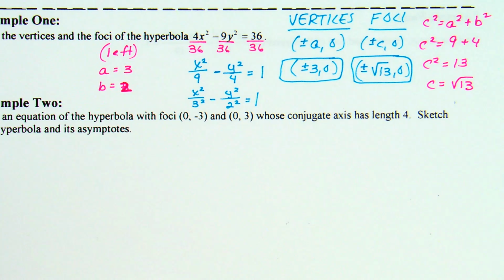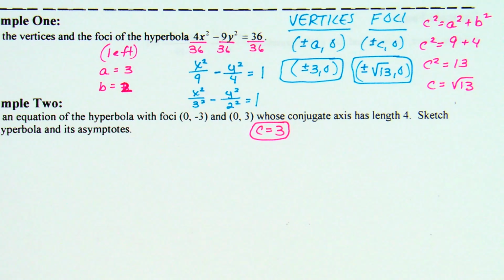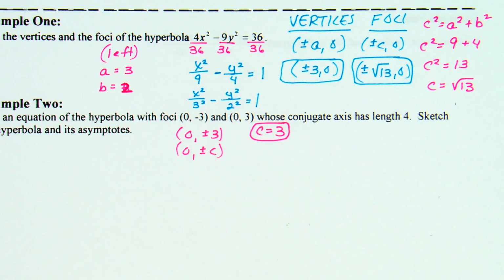Okay. I hear c equals 3. Why does c equal 3? Because we're told the foci, yes? And if it helps, you can think of this as 0 plus or minus 3, which falls into the category 0 plus or minus c, which means, which column am I in?